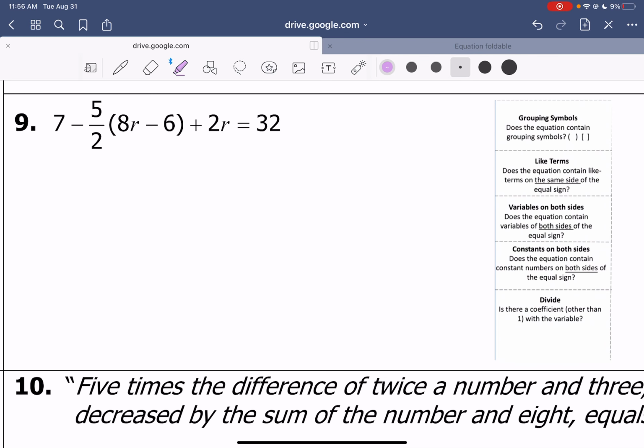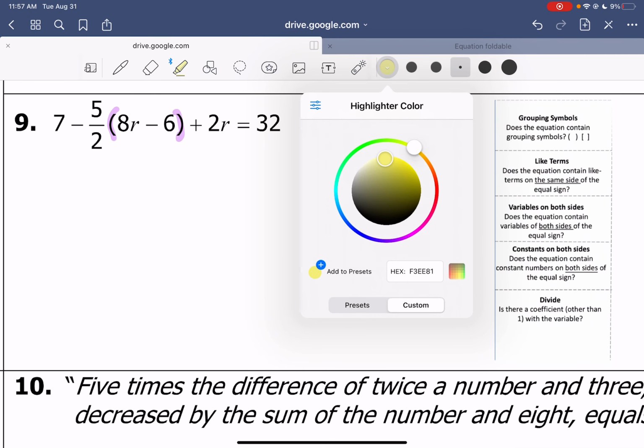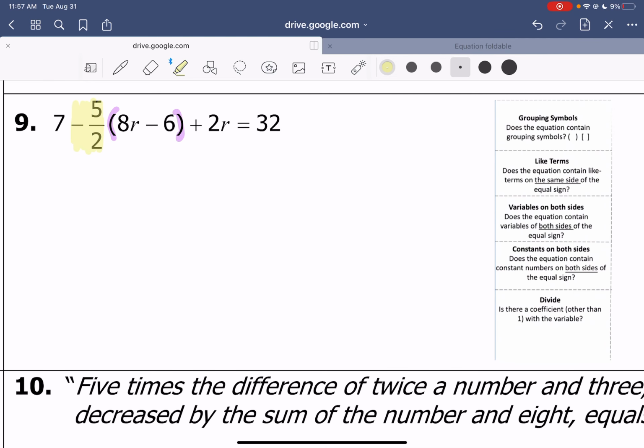First, our grouping symbol is here, and the distribution that's happening is this negative 5/2 that I'm distributing. Yes, you could turn it to a decimal, but I think it might be just as easy to do my fraction multiplication over here.